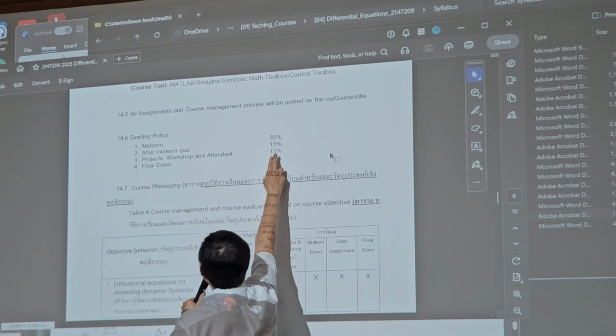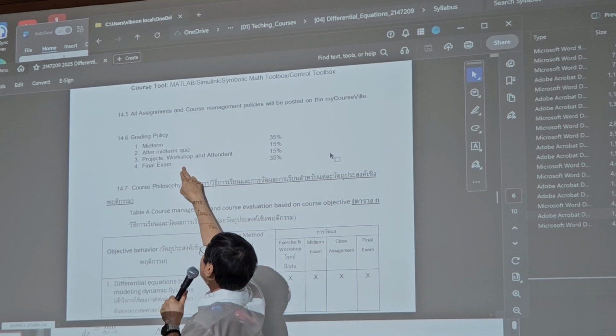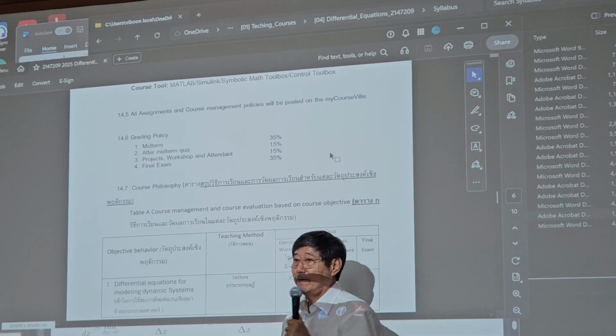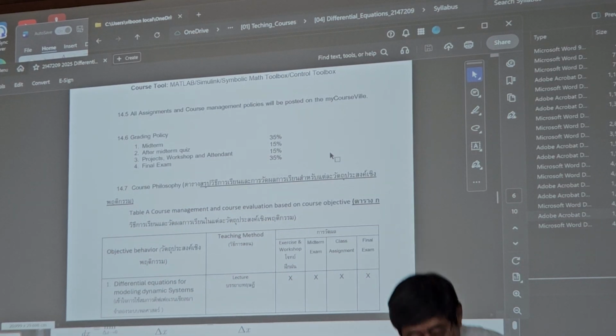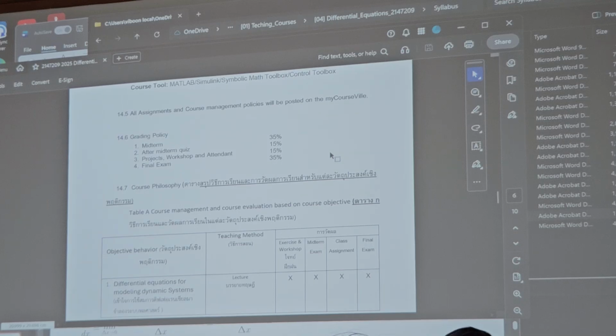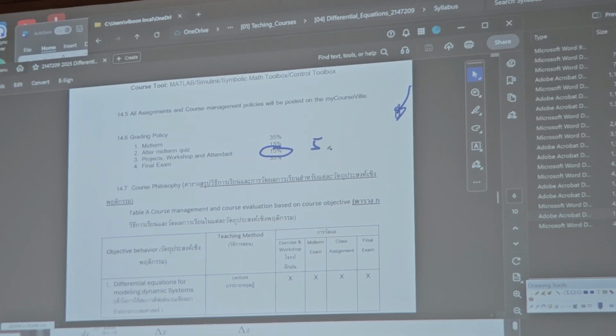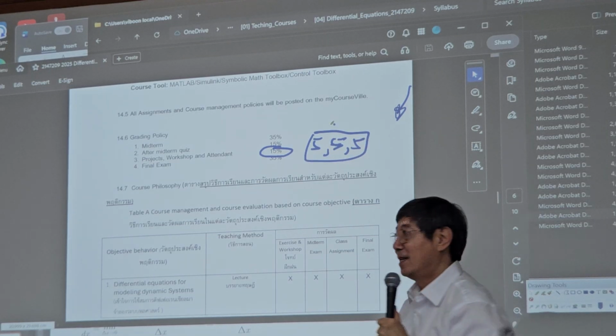After midterm 15. Project, workshop, and attendance 15. This will be combined like this: project 5, workshop 5, attendance 5.